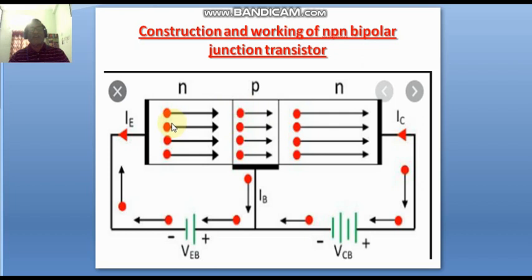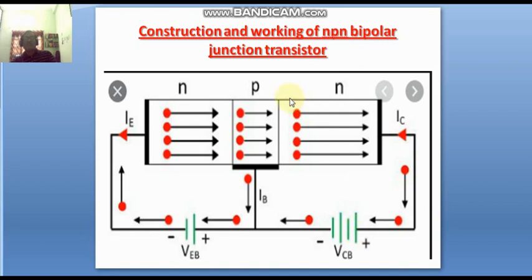Now consider the minority charge carriers in the N region, the holes are the minority charge carriers. These holes are attracted towards the minus terminal of the battery. Similarly, in the collector region, holes are the minority charge carriers. These holes are attracted towards this positive terminal.